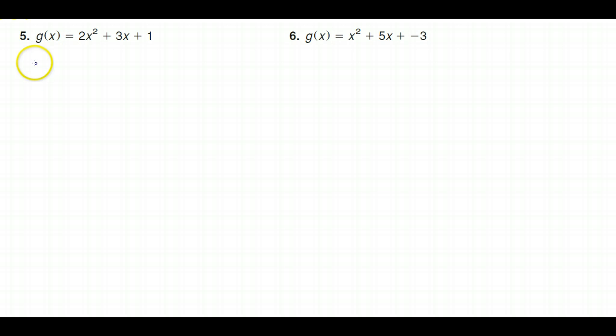Here we have the opposite of b, which is negative 3, plus or minus the square root of b squared. So that's going to be 9 minus 4 times 2 times 1, all over 2 times 2, which is 4.